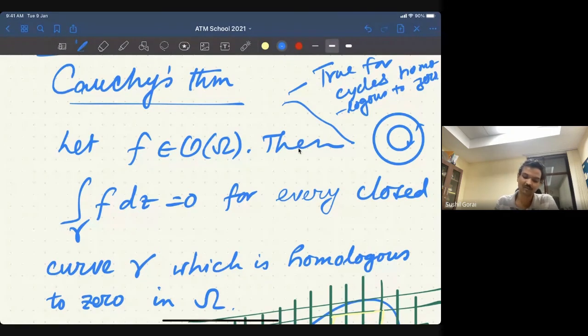Cauchy integral formula follows from Cauchy's theorem, so for this kind of curve, for a multiply connected domain. These are two curves, right? If you look at a curve, it is always true, because for curves we have Cauchy's theorem. Now in this case it is not a curve but a cycle. You can do the Cauchy integral formula here, and that's how you use it when you develop Laurent series expansion.